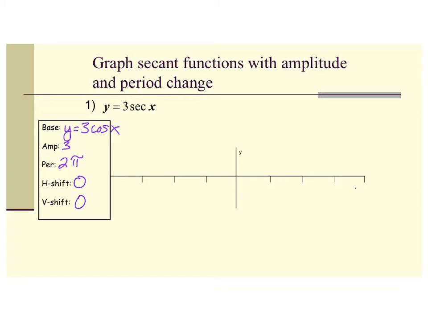We have a 2 pi period, so again, we mark our axes exactly the same way. Hiding our negative 2 pi here.